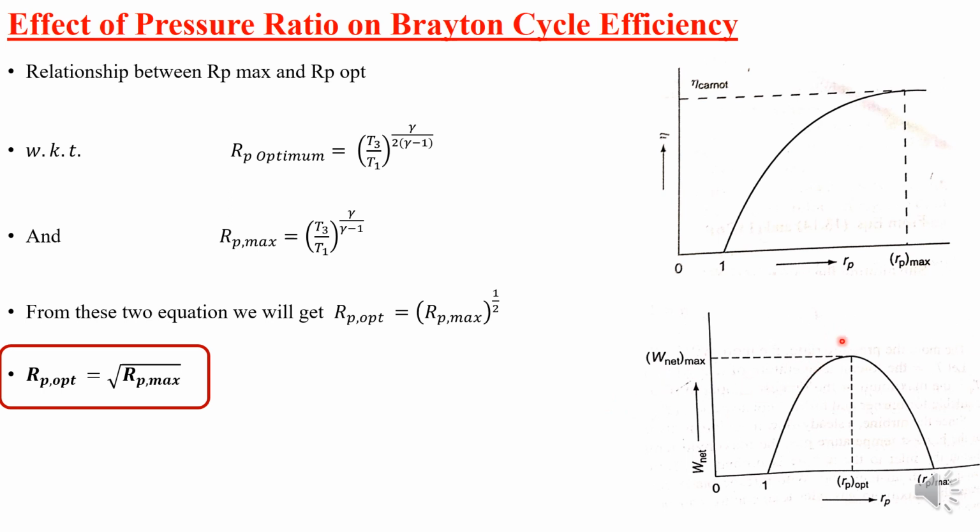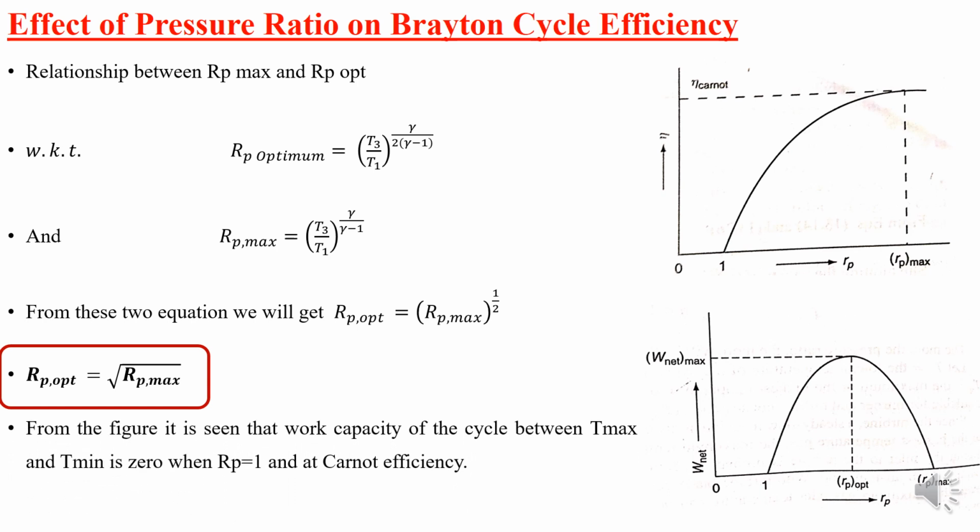So this is very important: you have to maintain the optimum pressure ratio to get the maximum work capacity of the system. That optimum pressure ratio is very important for the maximum work done by the system. So this is about the capacity of the system.